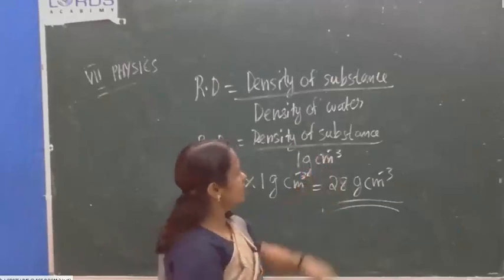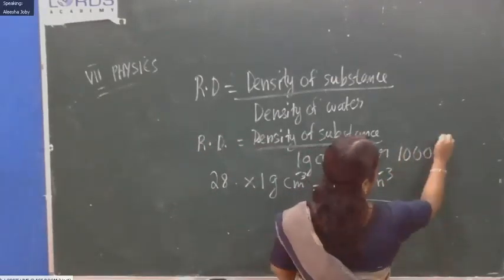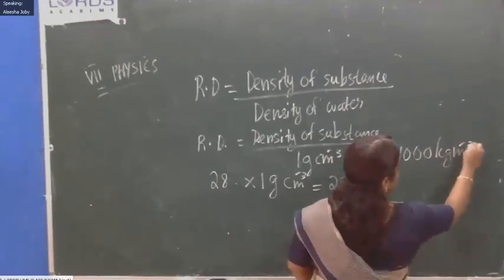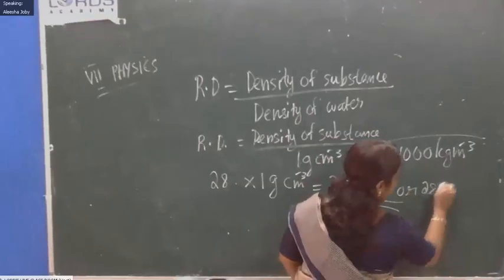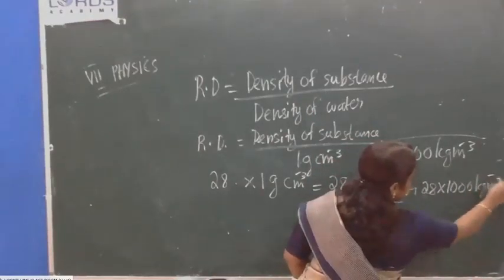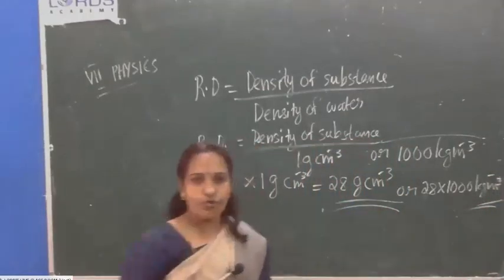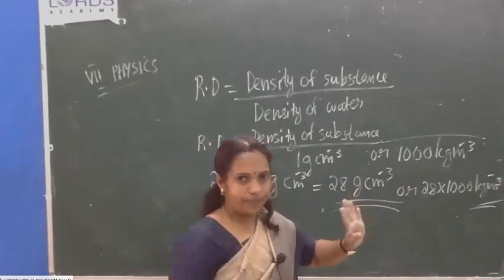If it is in 1000 kilogram per meter cube, what will be? Here itself I am writing: 28 into 1000 kilogram per meter cube. Okay, so we have to do the numericals, and at that time it will be more clear.